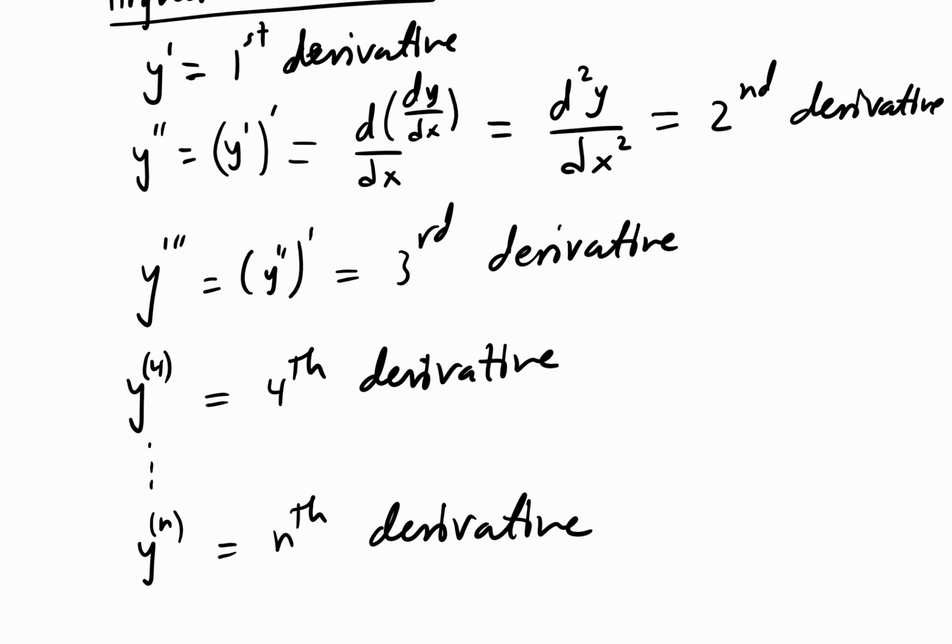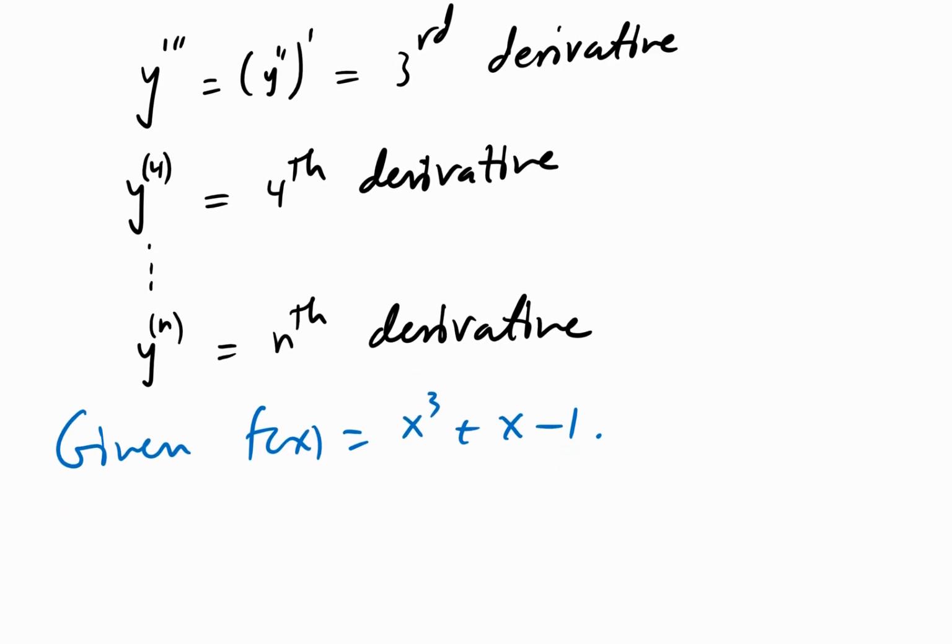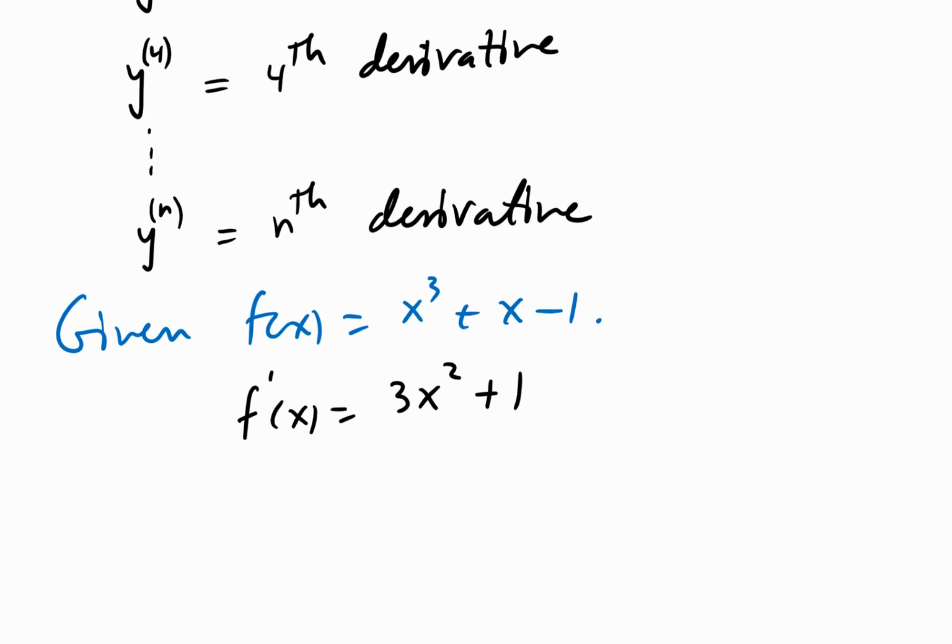So now let's say we're given f(x) equals x cubed plus x minus 1. Find y prime first. Actually, we did find y prime earlier. We found that f prime or y prime was 3x squared plus 1. We need to find the second derivative now. Watch carefully how we find the second derivative, or y double prime.